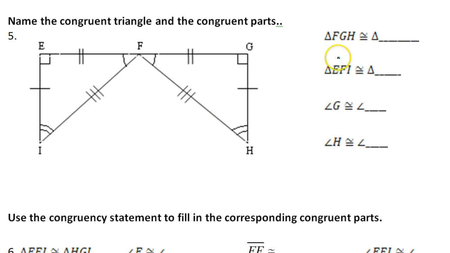Alright, number five. Let's complete this congruence statement. So we have triangle FGH is congruent to triangle, and we have to say the letters in the proper order. So let's see. Angle F, this point is not only shared between both triangles, but the angle is marked congruent for both triangles.